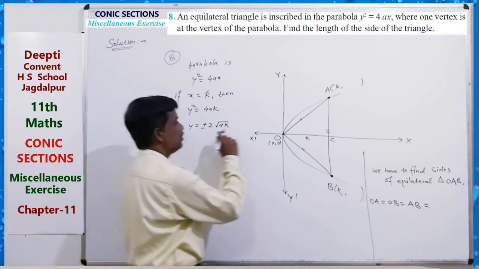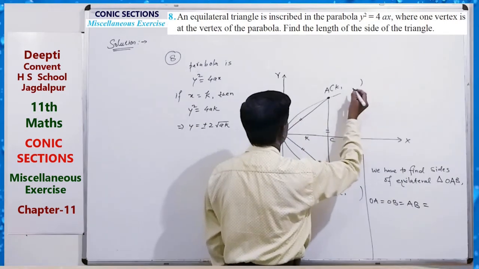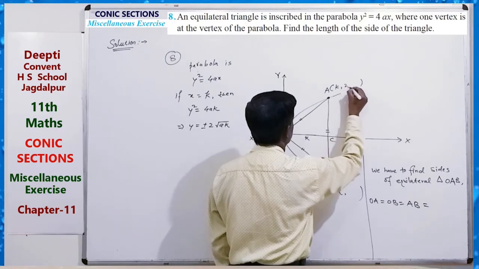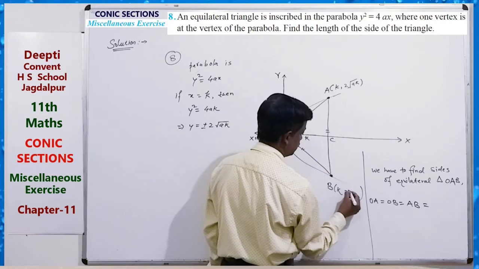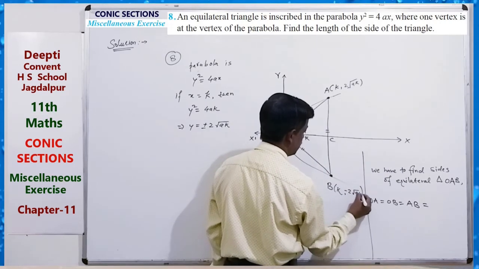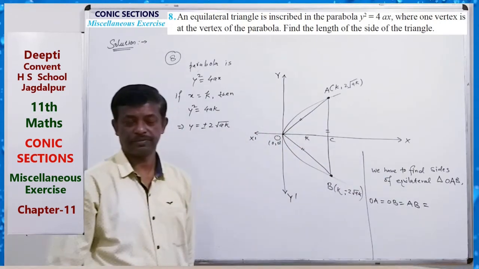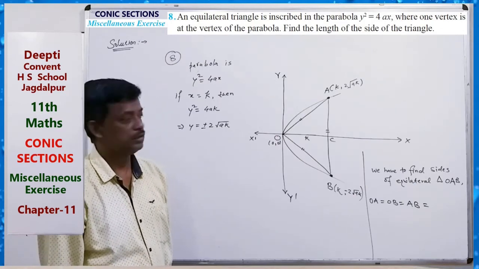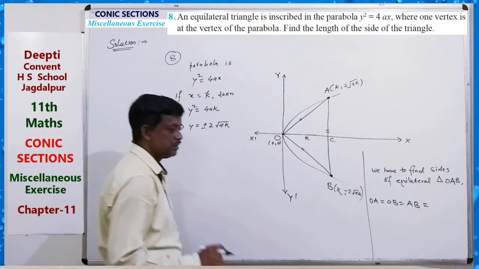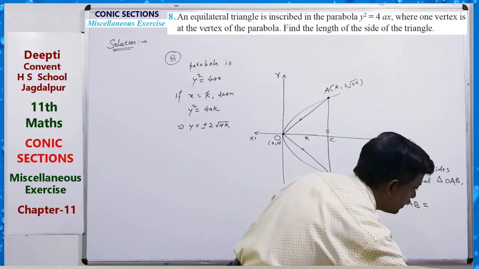That is the plus value 2 root ak and the minus value 2 root ak. This is the coordinate. Clear?